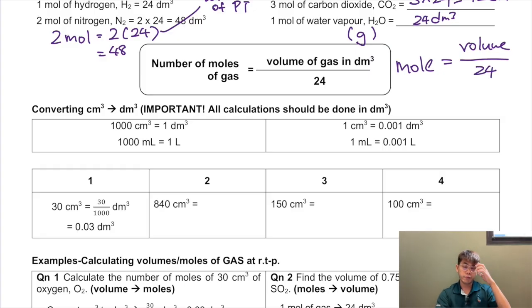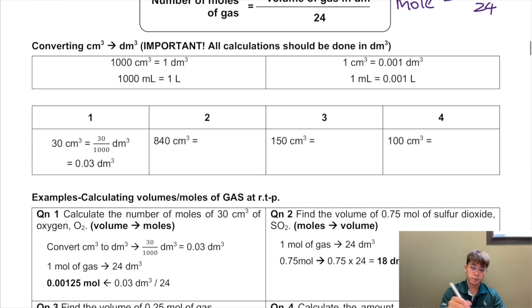Now, you must have heard me say the word dm cube, decimeter cube, so much. This is very important. We are not very familiar with dm cube, right? But sometimes they'll give you cm cube, sometimes they'll give you dm cube. So we need to learn how to convert from cm cube to dm cube.